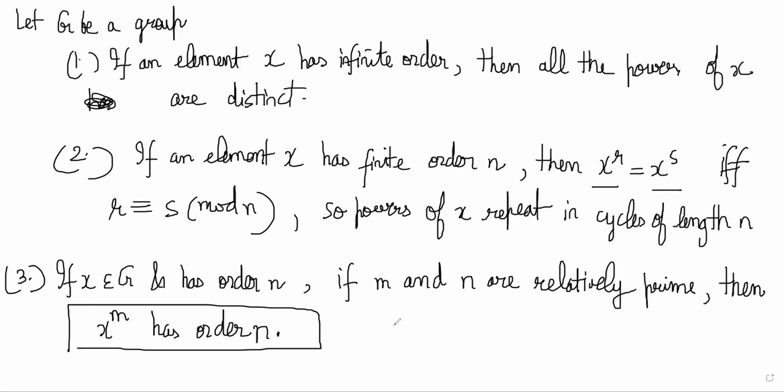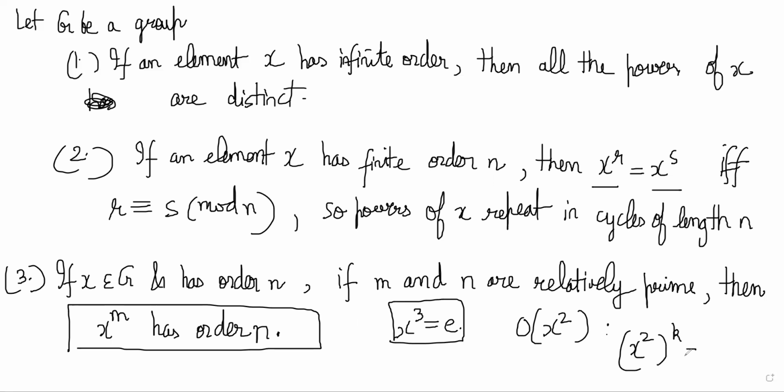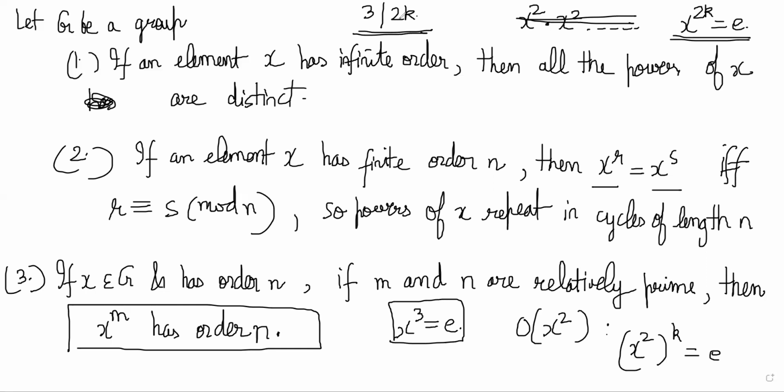This is like saying if order of x was 3, so x cube was e, and you say x square, what is the order of x square, right? So you have to do x square power k should become e. So that means x square into x square, or you can say directly x power 2k should become e, but that will only happen if 3 divides 2k. 3 divides 2k and 3 cannot divide 2, so therefore 3 divides k, right?